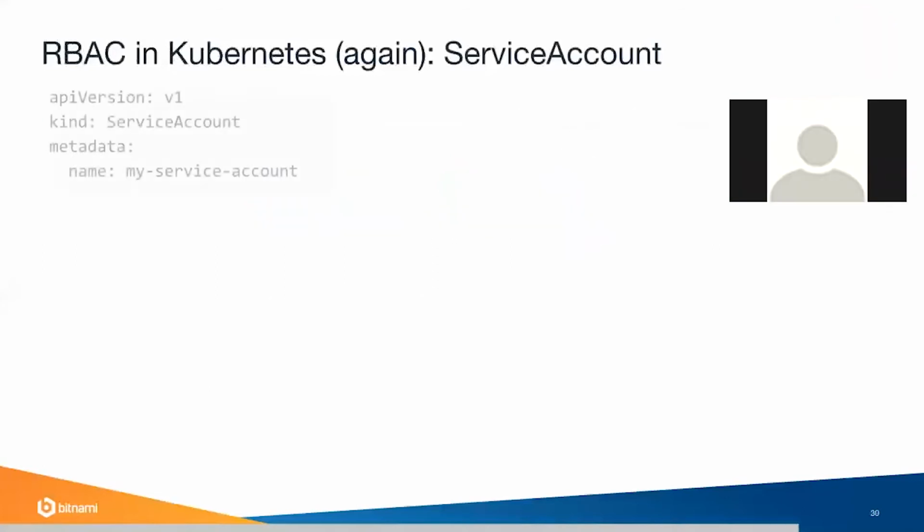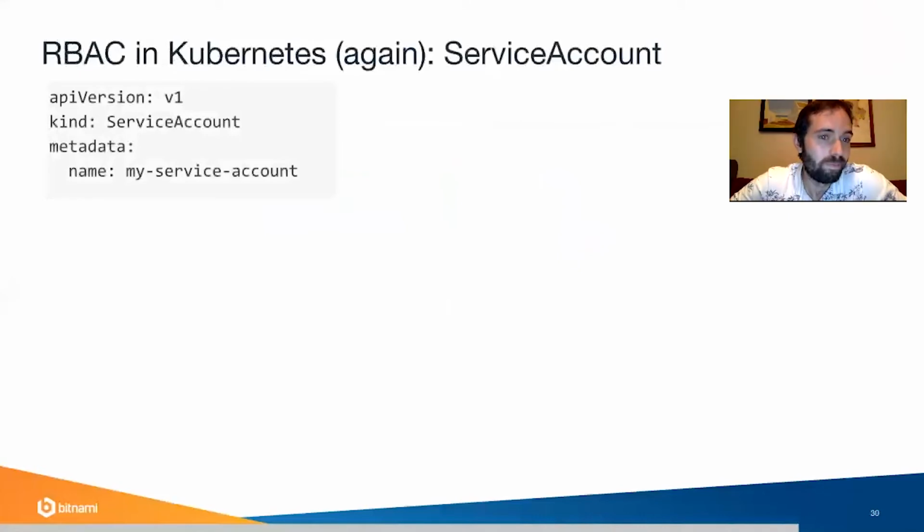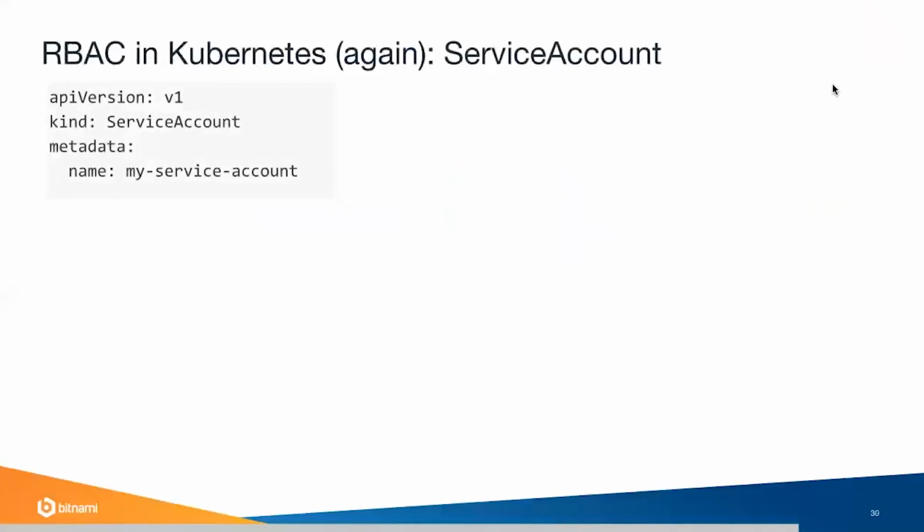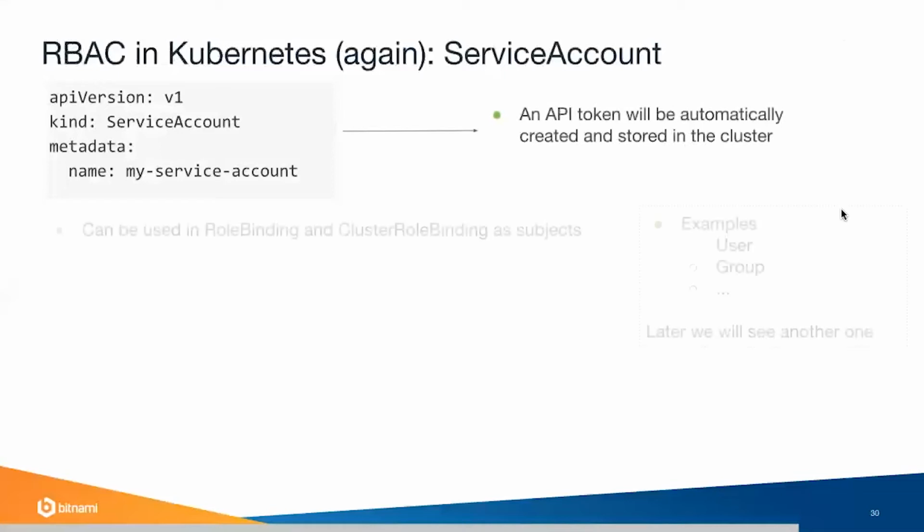The YAML is quite simple. You just specify the kind and a name. That's it. And when we create this kind of service account, what happens under the hood is that the Kubernetes cluster will create an API token which can be used to access the cluster.